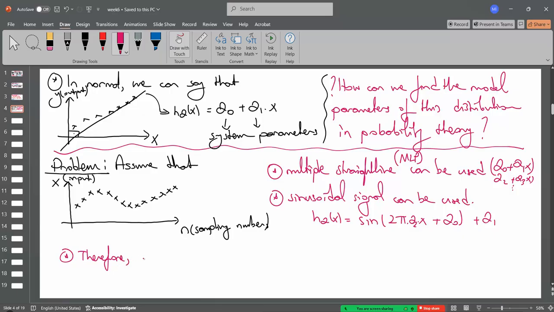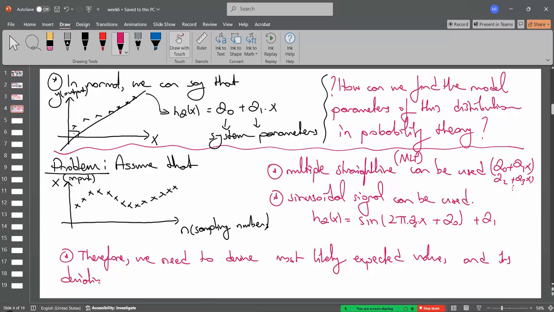Therefore, we need to derive the most likely expected values and its deviation around this expected value.